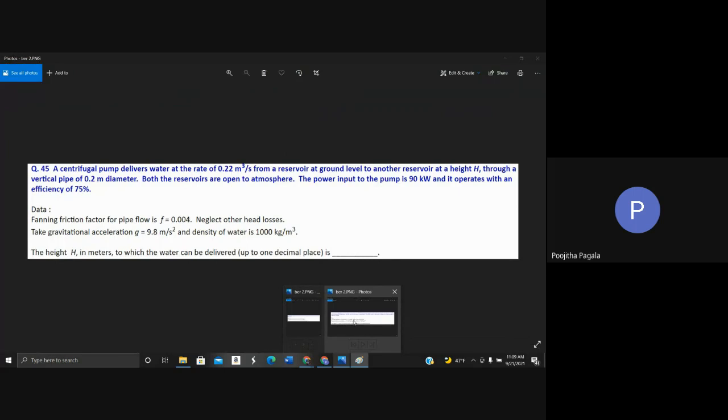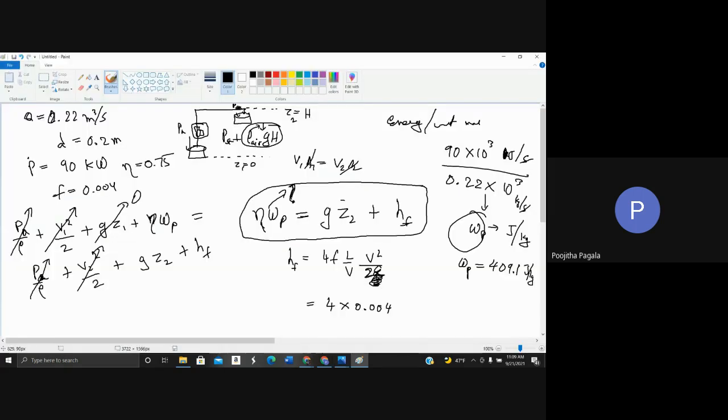The length of the pipe isn't given, which means you can take h to be the length of the pipe. It's simply this system: you're just transporting the fluid and immediately dropping it into the second reservoir. So L is going to be h, so 4F h by D, where the diameter is given as 0.2, into V. We can also calculate V because we know the flow rate and the diameter.